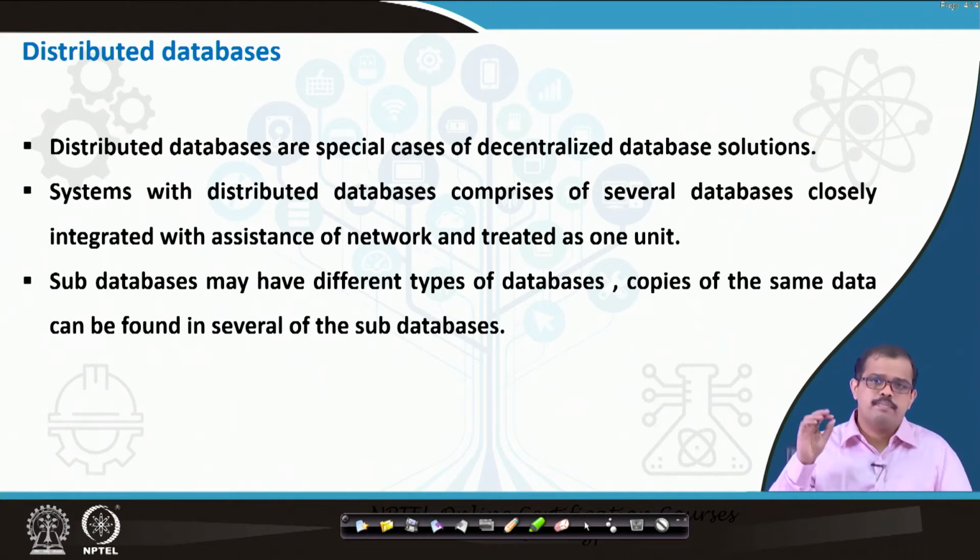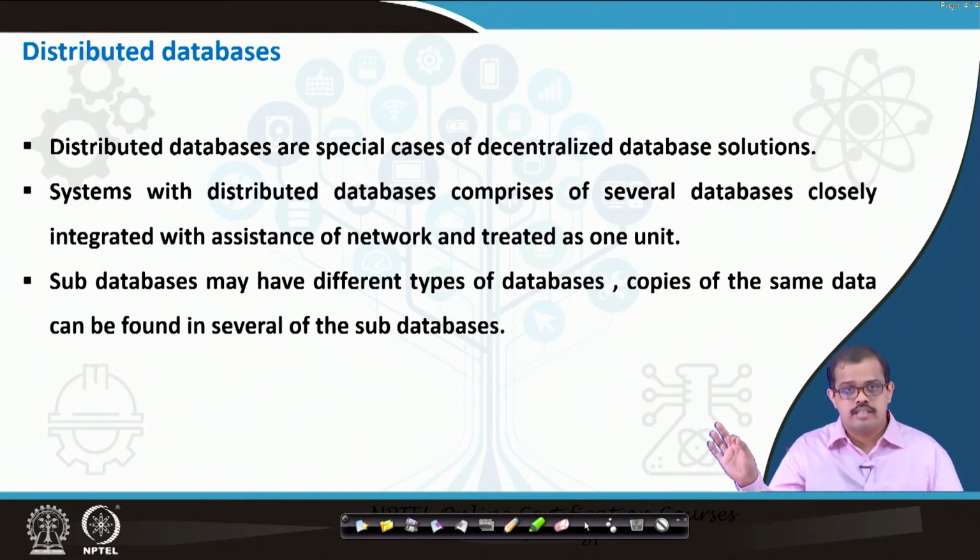There is a concept of distributed databases. Distributed databases are a special case of decentralized database solutions, which means that the databases don't sit in one particular place. They come from various places.